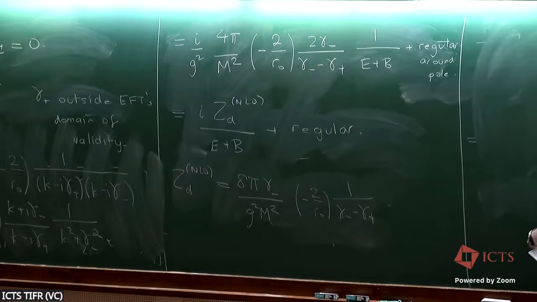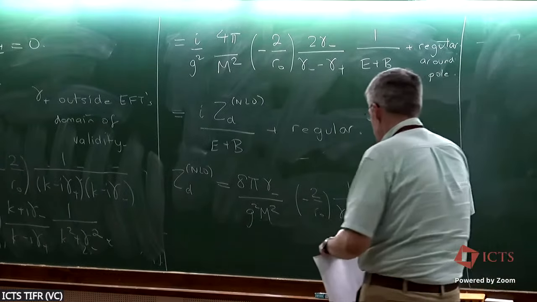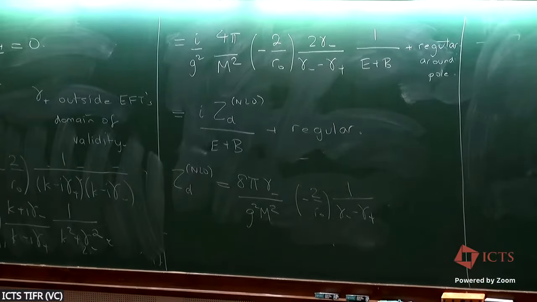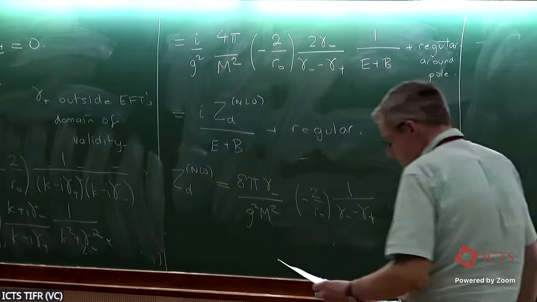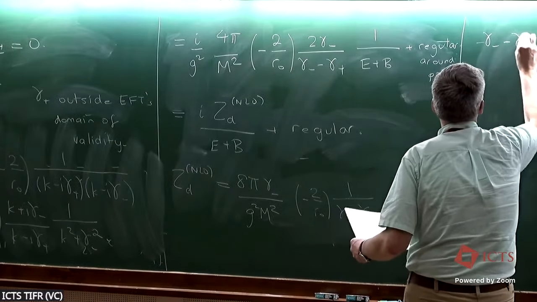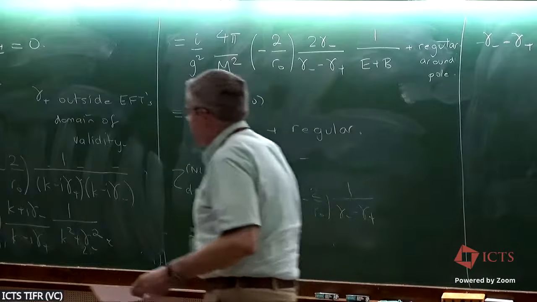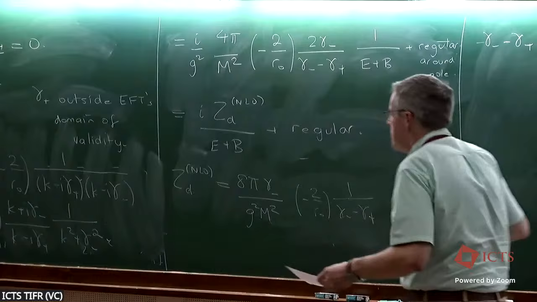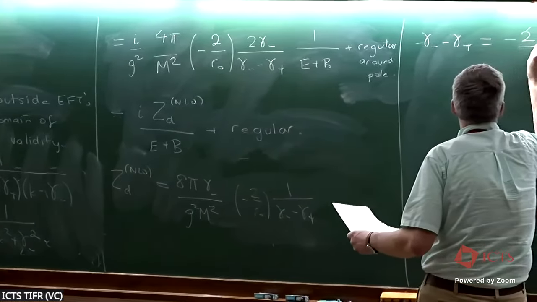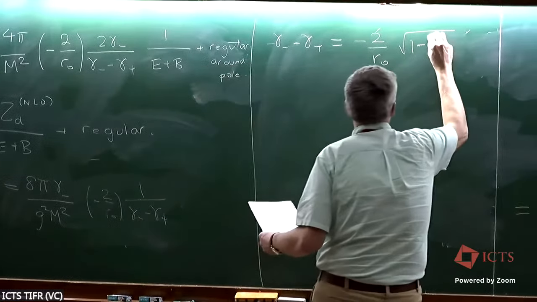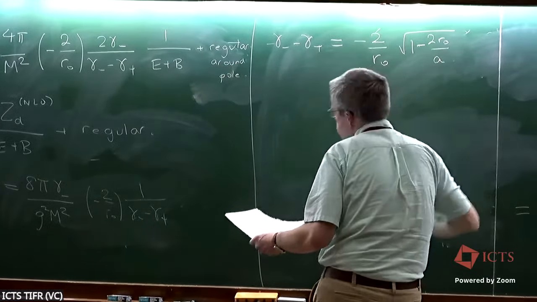We're almost there. So gamma minus minus gamma plus is, you just take the difference of these two roots. If you do that, you get minus 2 over r0 times the square root of 1 minus 2 r0 over a.